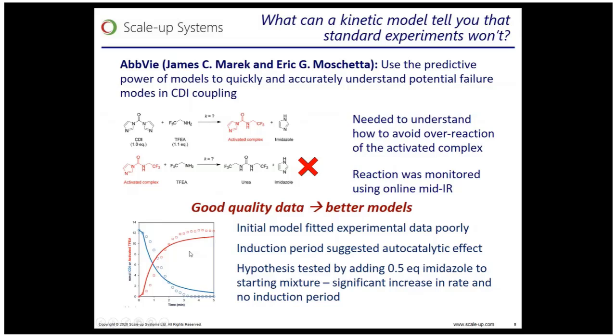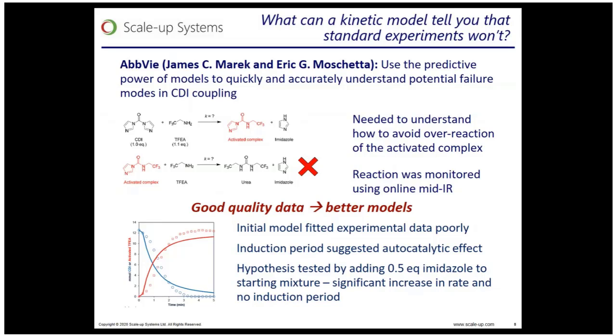Now, as you can see, the fit is not that great. It indicates too fast a reaction at the start and then too slow at the end. And this was postulated as being a result of an autocatalytic effect. The imidazole was playing a role in the reaction. And this hypothesis was tested.